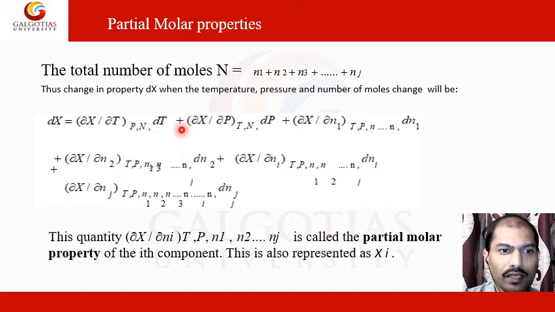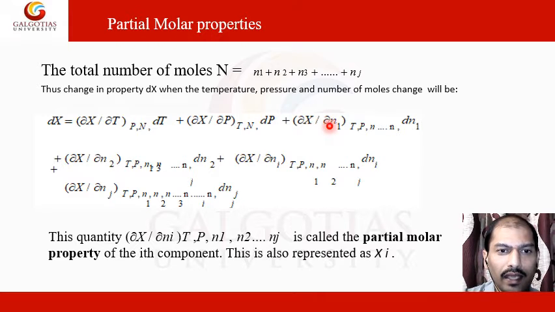Here this is a differential, so you have to take one term with respect to temperature and another with respect to pressure. In case of pressure, the term will be del x upon del P at constant temperature and number of moles, into dP.